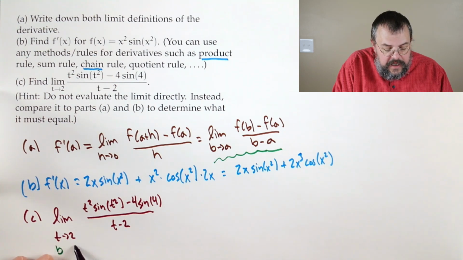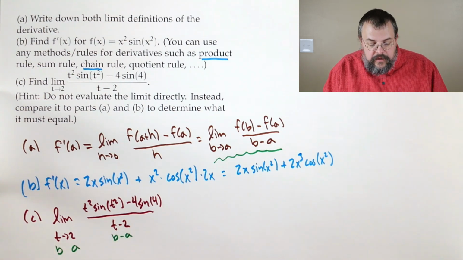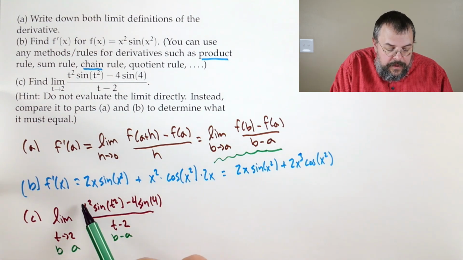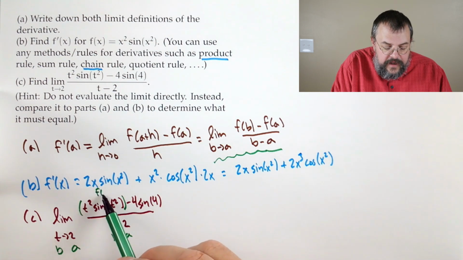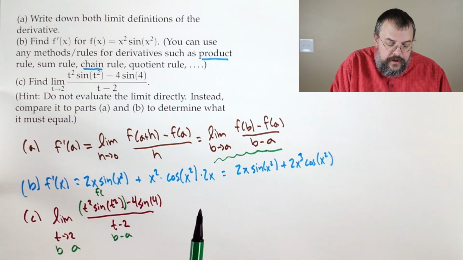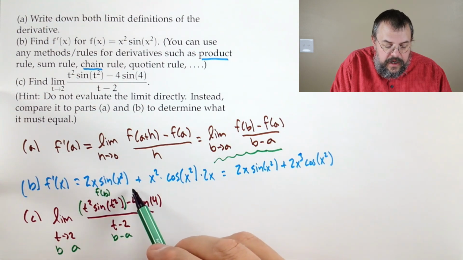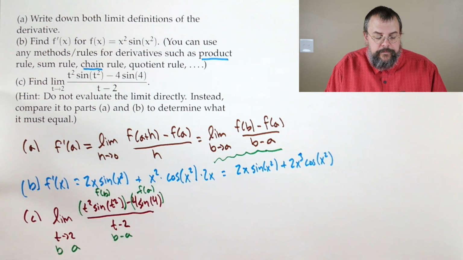If we made this B and A here, t goes to 2. Well, this is B minus A. All right. That's good. Now, what would that say? Well, we would hope that this would be f of B, and we want this last piece here to be f of A.